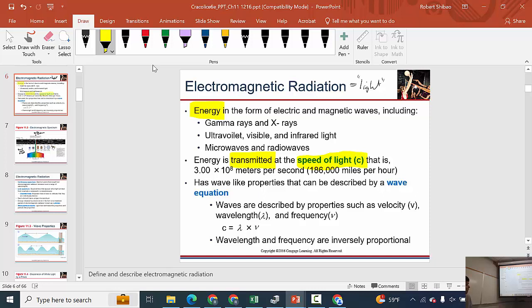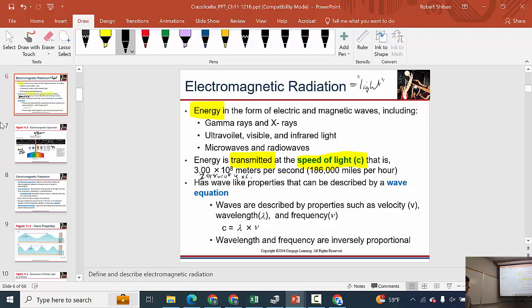See, the speed of light is fixed at 2.998 times 10 to the 8 meters per second, if we want 4 sig figs. Or to 3 sig figs, it's a lot easier.